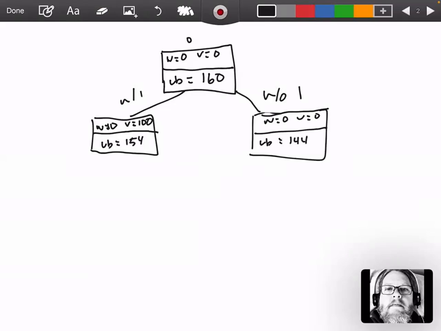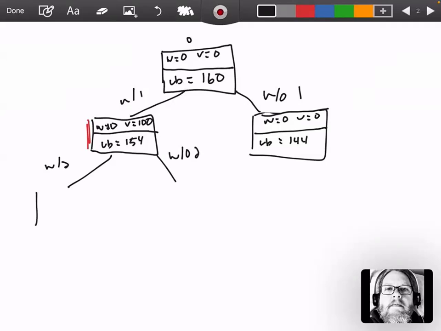Okay, so at this point, we look at those two. We look at the bottommost leaf nodes there, and we determine that this one is the currently superior one. So now we're going to branch from there. We're going to do a with 2 and a without 2.